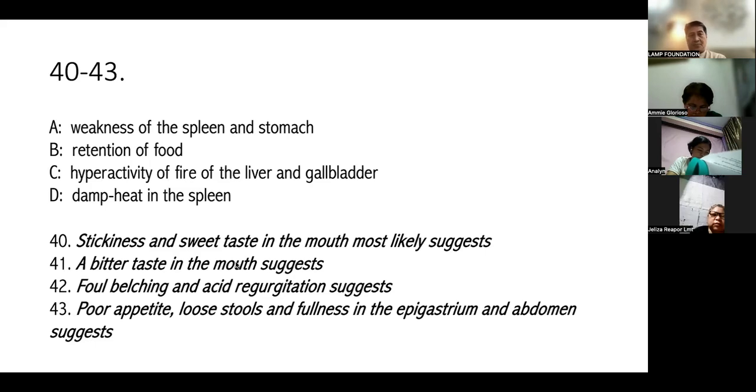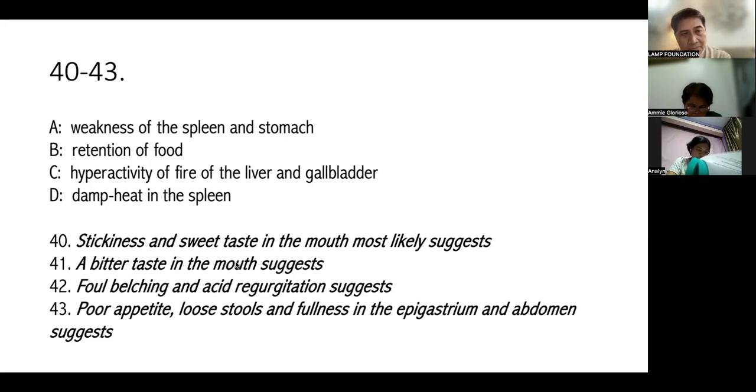Belching and acid regurgitation suggests retention of food. Nagkaroon siya ng belching dahil yung stomach chi niya dapat ang normal flow ng chi is downward. Nagkaroon ng rebellious chi, kaya may belching at acid reflux.